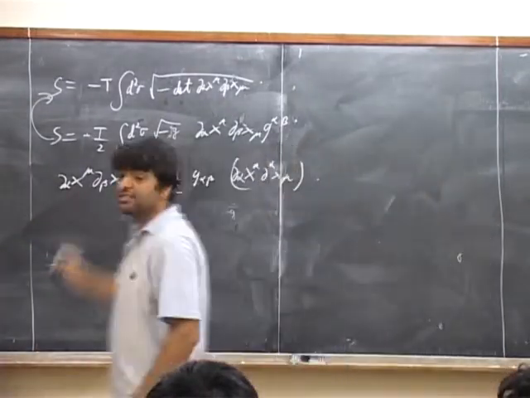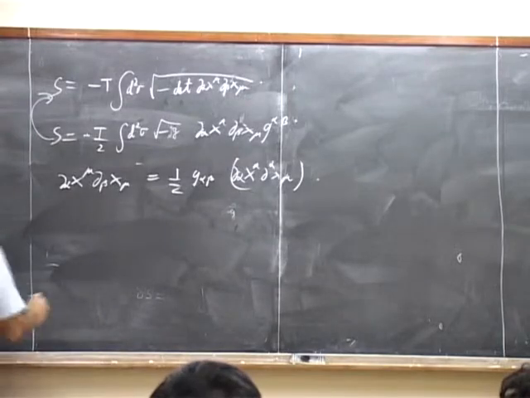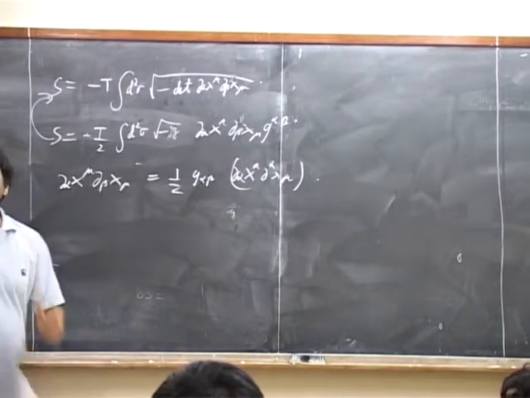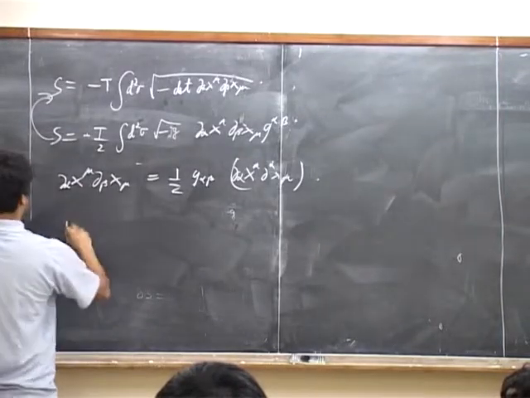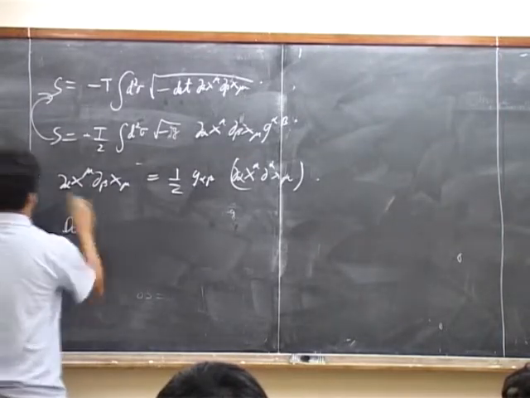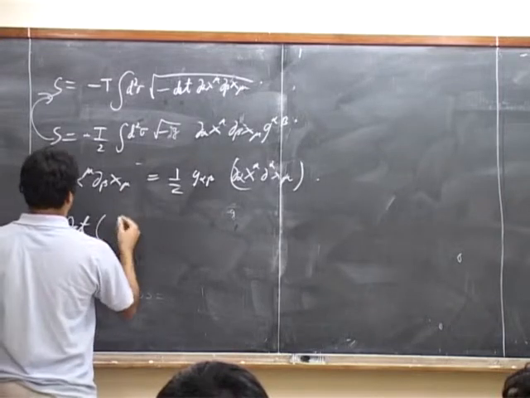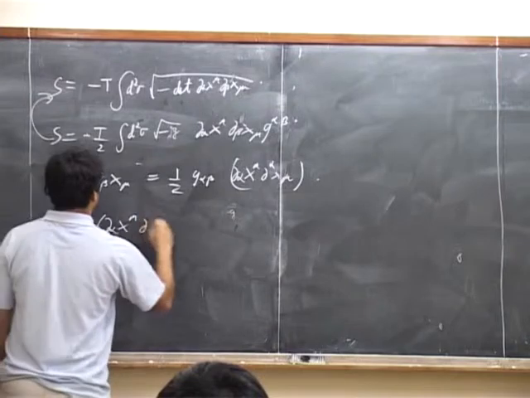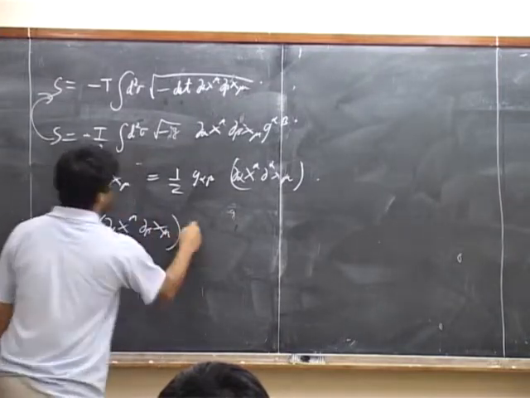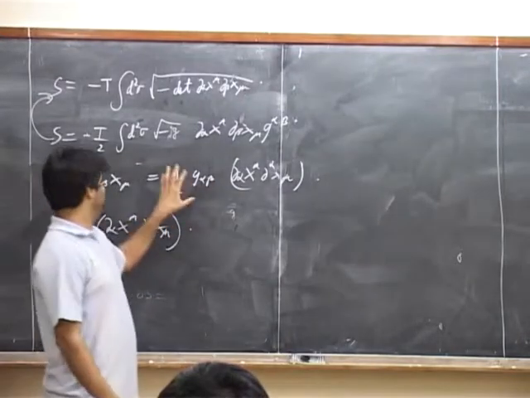Okay, now let's take determinants of both sides. We're working on minus signs at the moment. That's always tricky. But ignoring minus signs, we get a determinant of this object, ∂_α x^μ ∂_β x_μ.